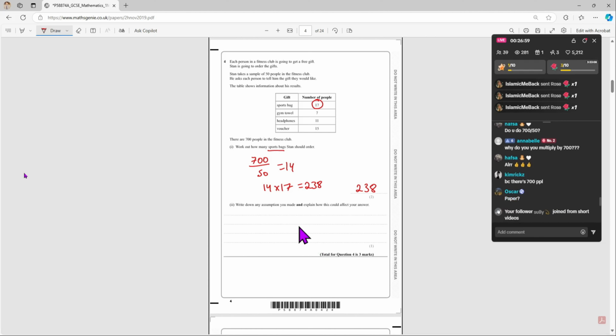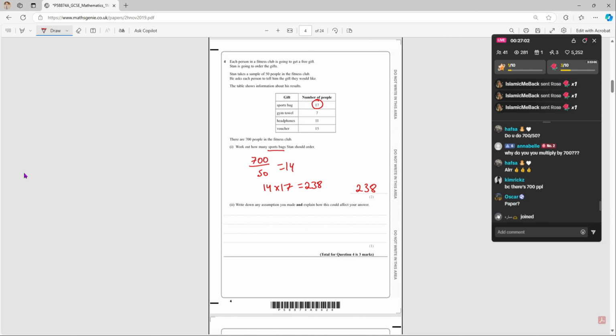What we basically assume is that the people in the sample are representative. So we do not know if all of them like it. There might be an unequal amount of people. We don't know what people like. You just need to write that.